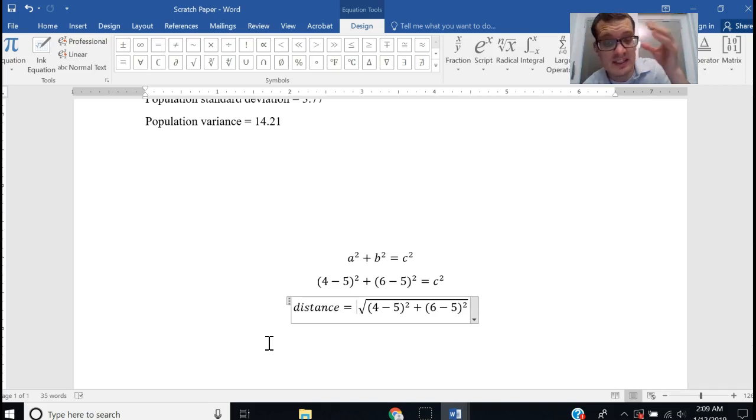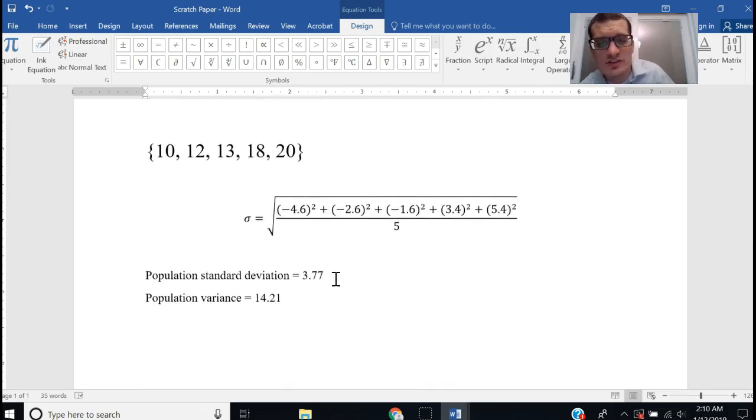So what we really did there is we found the average of 4 and 6 being 5, and then the distance between our set, or our point 4, 6, and the set which has values always just 5, the distance between those two sets would have been given to me by this.